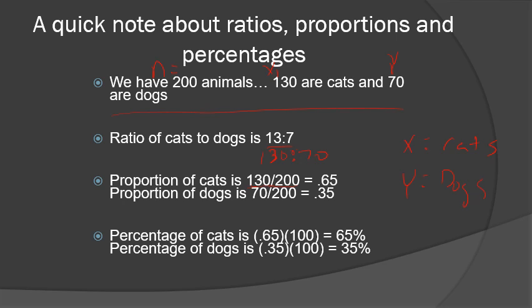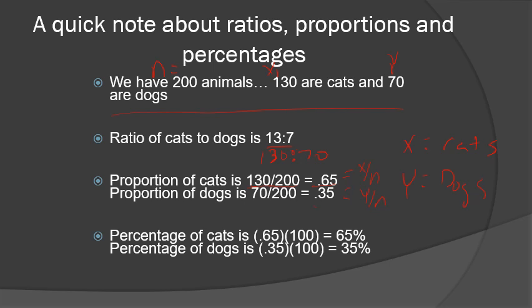So to get a proportion, you take your number of that variable and divide it by n. So in this case, it would be x divided by n, or 130 divided by 200, and we get the proportion that's cats is 0.65. Dogs, that is equal to y divided by n, or 70 divided by 200, which is 0.35.